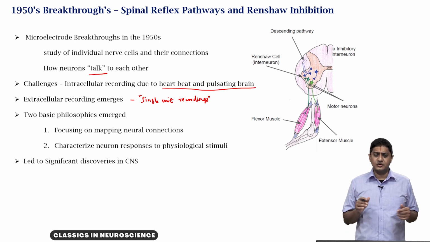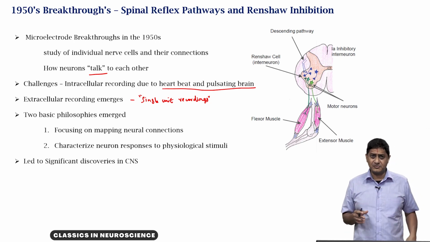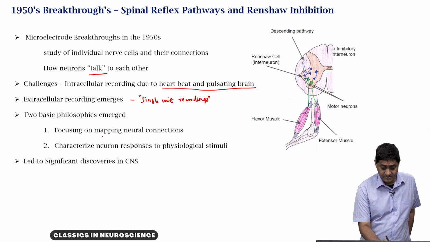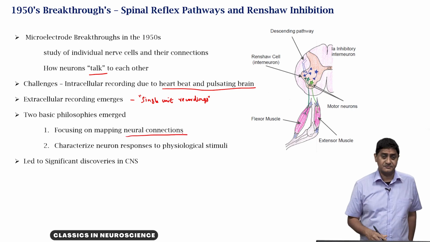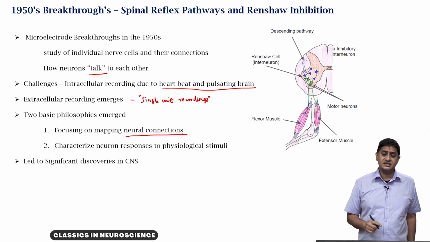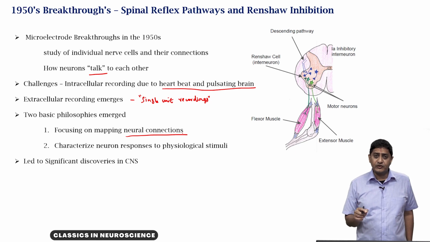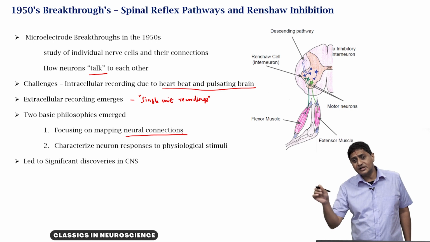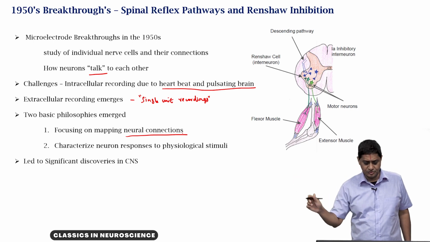There were two major goals or philosophies of experimental approach that emerged. One is focused on mapping neuronal connections, that is, what is the output of one neuron and where is it connecting to, and so on and so forth.